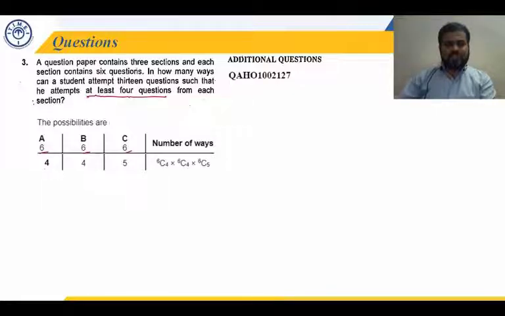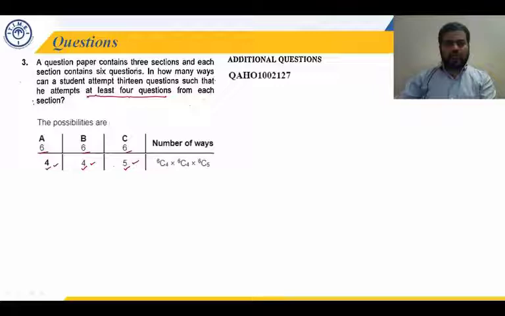So it is possible that he is attempting 4 questions from section A, 4 from section B and 5 from section C. So start with the minimum number of questions from any section. If in section A he attempts 4, then in section B he will attempt 4, and let us say in section C he will attempt 5, because total has to be 13 questions, right? So 4 plus 4, 8 plus 5, 13.